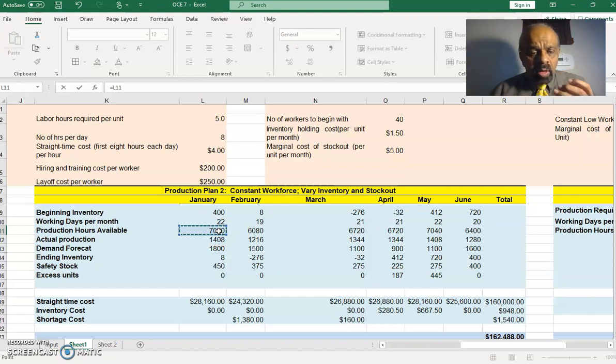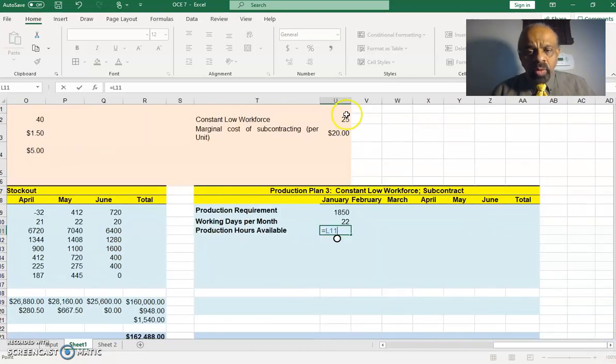The production hours available here is for 40 people. Here we have 25 people. So we need to make sure to calculate this again. We cannot use what we had before. Okay, just wanted to show you that.